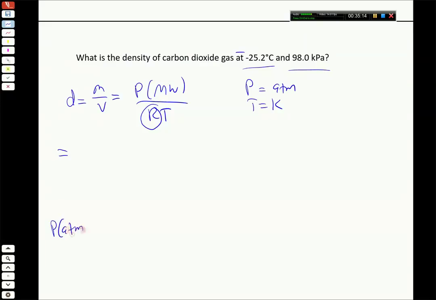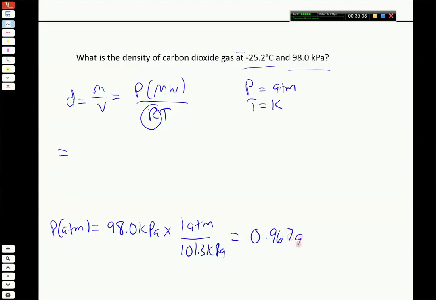So the pressure in atmospheres is going to be 98.0 kPa, and then the conversion that we should also learn, because it's going to come up from time to time, is that 1 atmosphere is 101.3 kilopascals. So 98 kPa is equivalent to 0.967 atmospheres, so close to 1 but not quite. So that's the pressure we're going to put into this equation, 0.967 atmospheres.